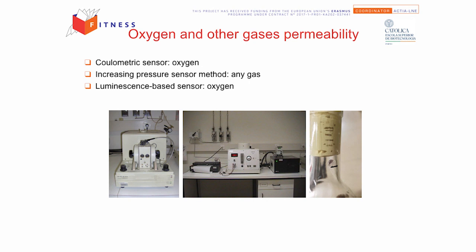So this is a useful method when we want to measure a lot of replicates, because this type of equipment can only be used for two or three, depending on the constructions.